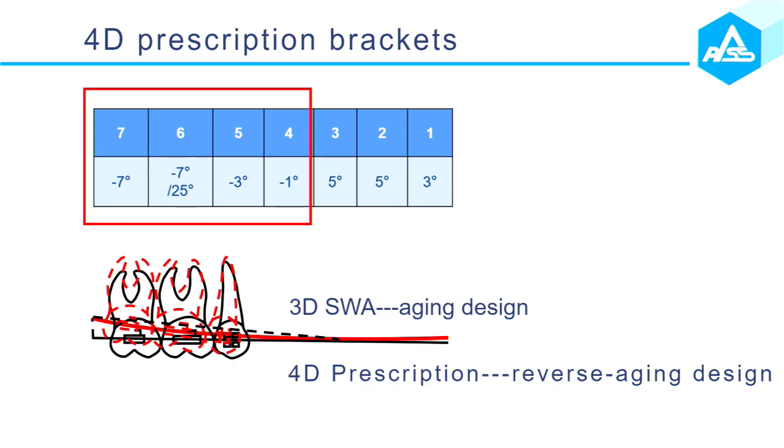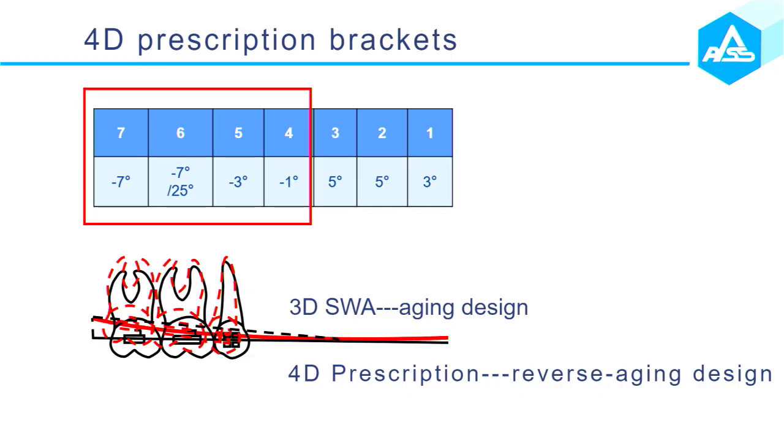This side, right? And we align teeth on the curve. The curve is even longer than this side, right? So we have more space for posterior teeth and save that space to attract the anterior teeth.